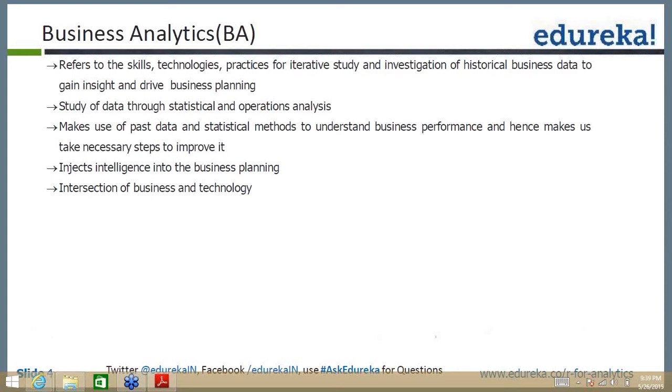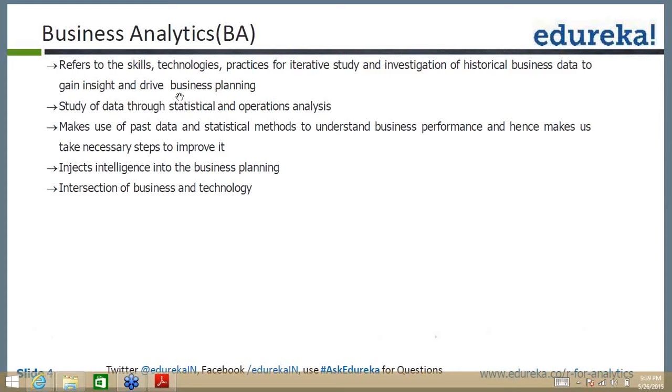If a company misses revenue targets, they always look for various ways to find out how they can cut down the operational cost, right? So this is a pretty essential thing which any company follows. So business analytics is all about offering support to the organization to arrive at informed decisions backed up by solid data to achieve either to increase the revenue or to cut down the cost, right?